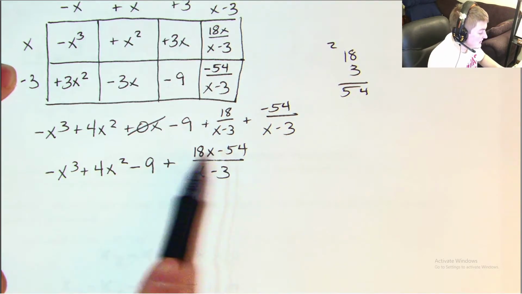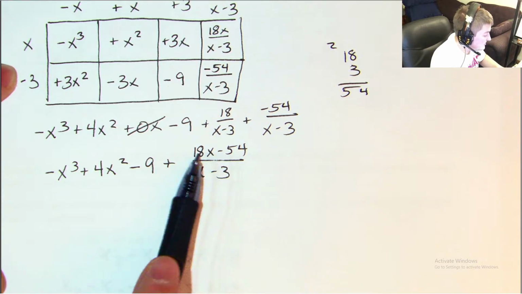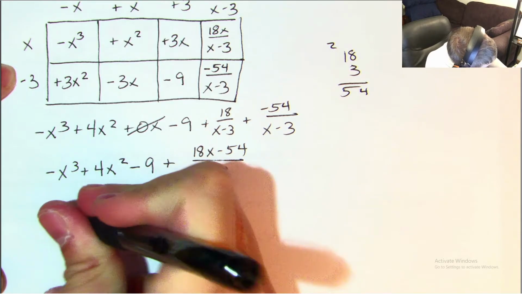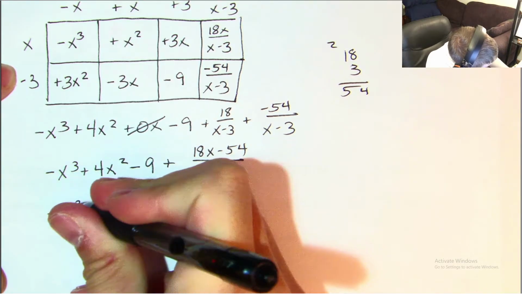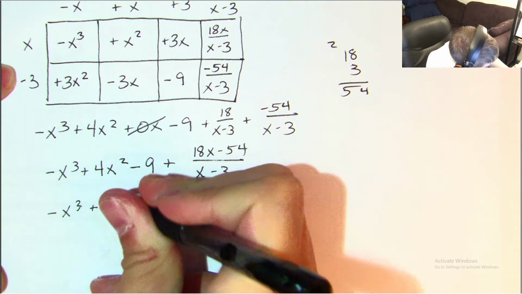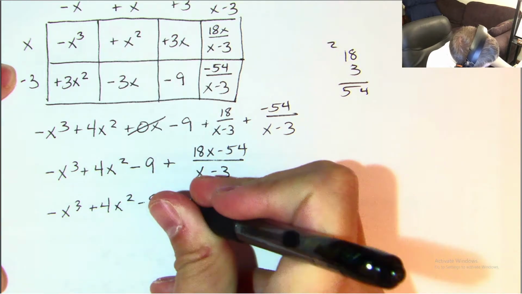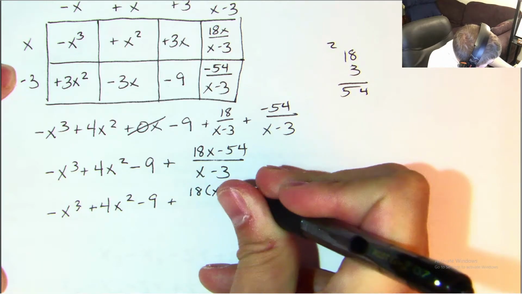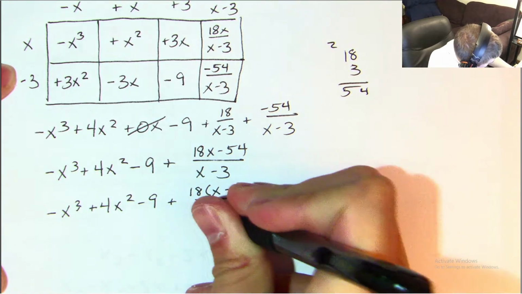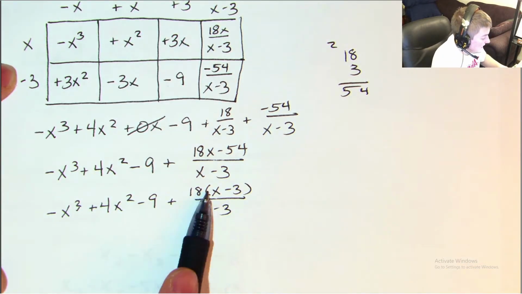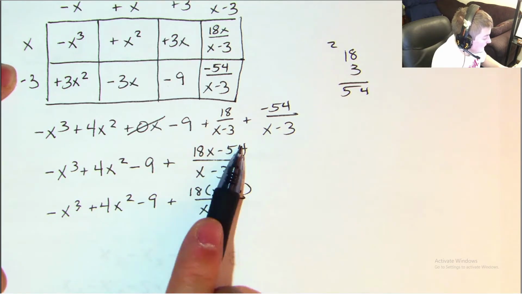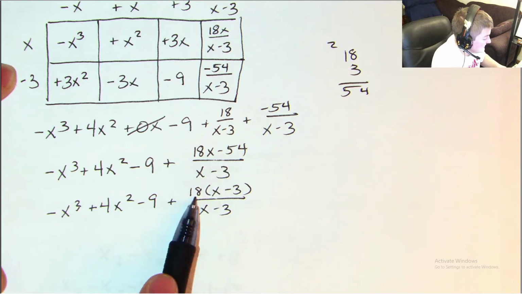I notice that this has a common factor, both are divisible by 18. So I'm going to divide an 18 out, over x minus 3 times x minus 3. So I divide 18 by this, and 18x divided by 18 is x. Negative 54 divided by 18 is negative 3.